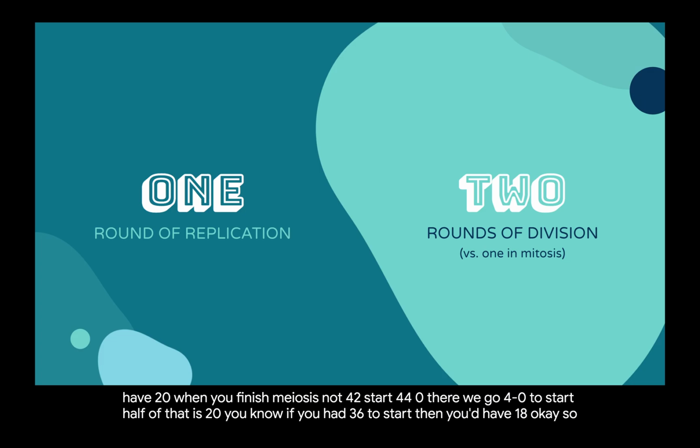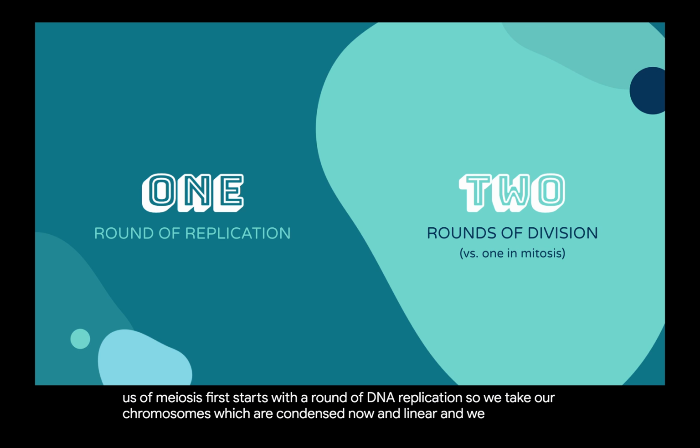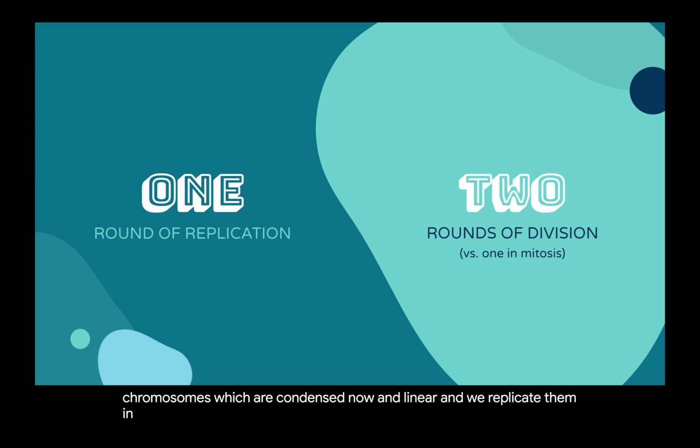So the process of meiosis first starts with a round of DNA replication. So we take our chromosomes, which are condensed now and linear, and we replicate them in S phase of the cell cycle to make an X-shaped chromosome with two sister chromatids attached.